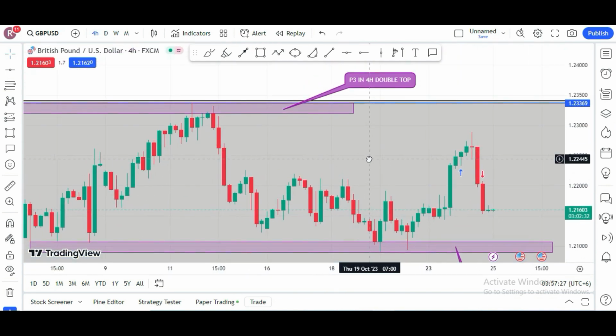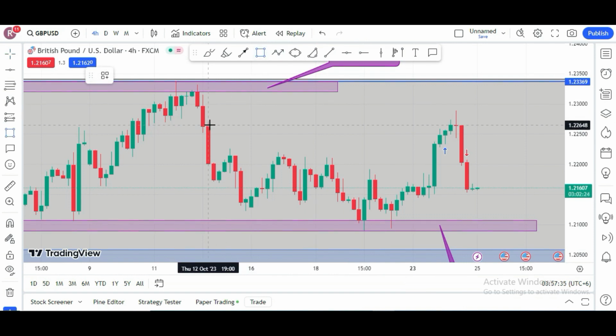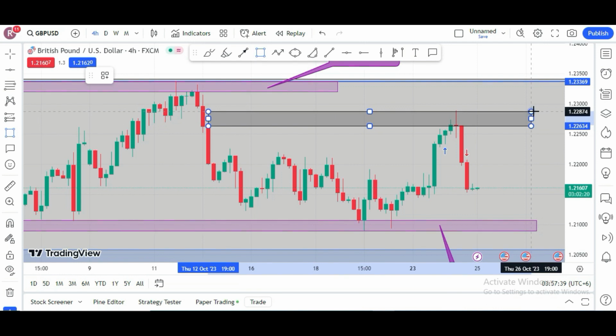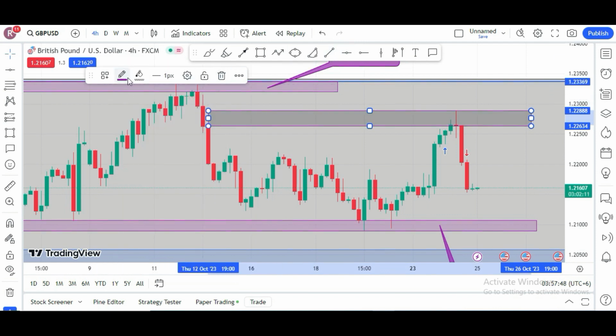It has made this double top here, from here. From here you can see it has made a double top in the 4 hour time frame.